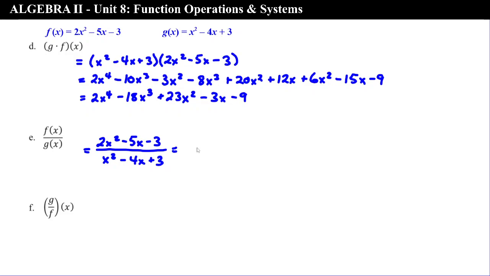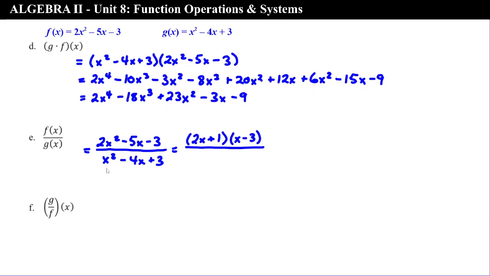And then from here, we are going to factor the top and the bottom, because when you divide, we need to see if there's anything that's going to cancel. Now the top, you're going to have to find two numbers that multiply to give you negative 6 and add to give you negative 5, and then split the middle term and factor by grouping. I'll let you do that on the side, and I'll give you the answer so you can check your work, which is 2x plus 1 times x minus 3.